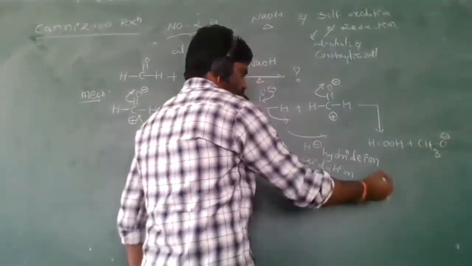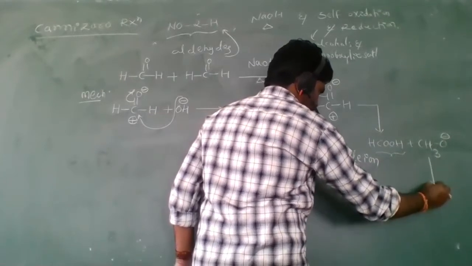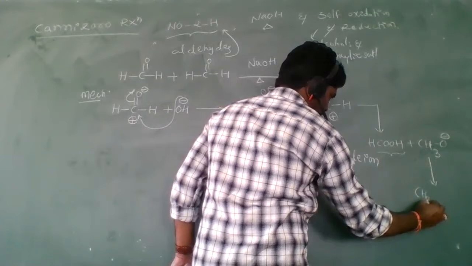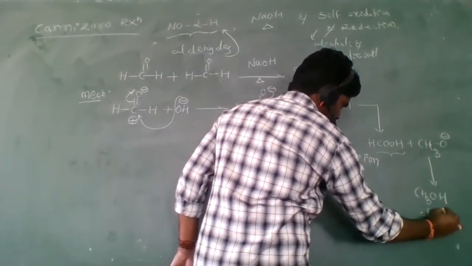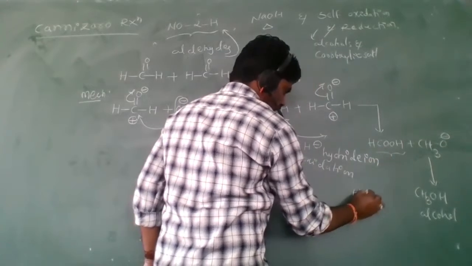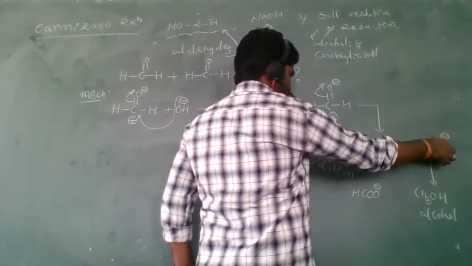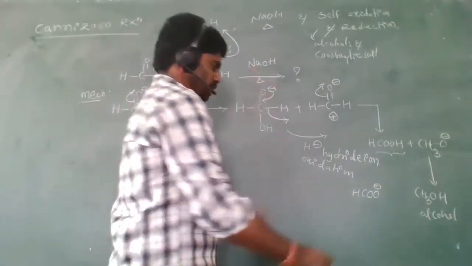Now formic acid is an acid, so it releases an H plus ion. The H plus ion combines with CH3O minus, which is converted to alcohol. Remaining here is HCO minus. From the NaOH, Na plus is there.